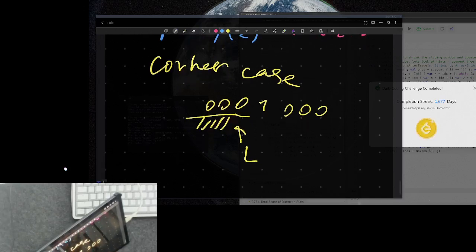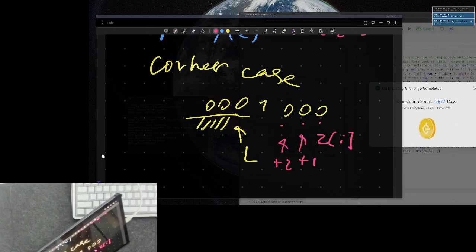For this, we introduce for each position a count of zeros, 1 plus 2, and find the next zero group. Like for this one, the next would be this one.